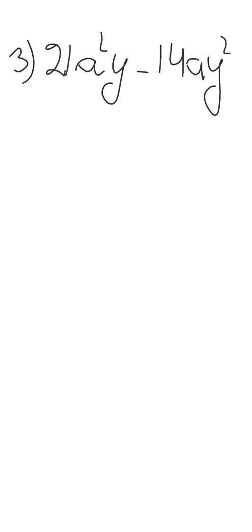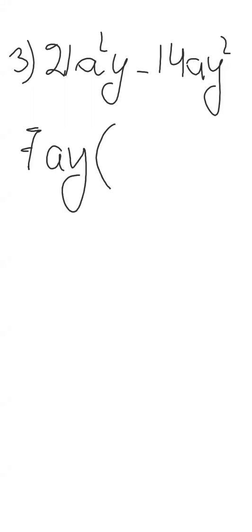Okay, pay attention. First of all, with respect to the coefficients 21 and 14, both are multiples of 7. Not 14, both are multiples of 7. A squared and a, we can take a. Y and y squared, also we can take just y.